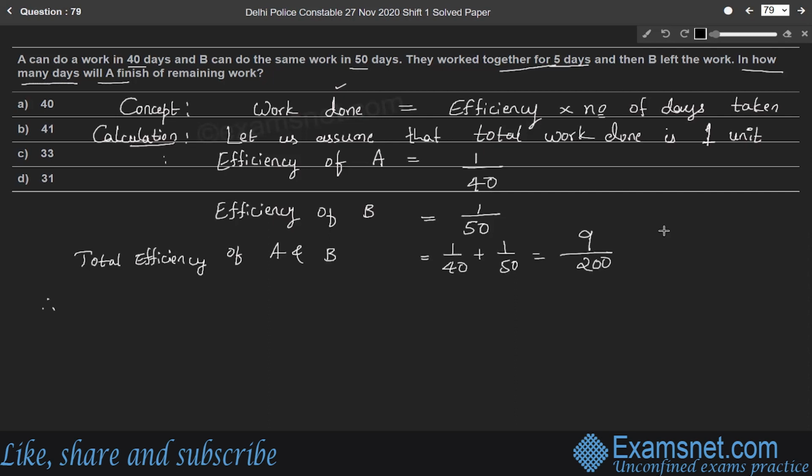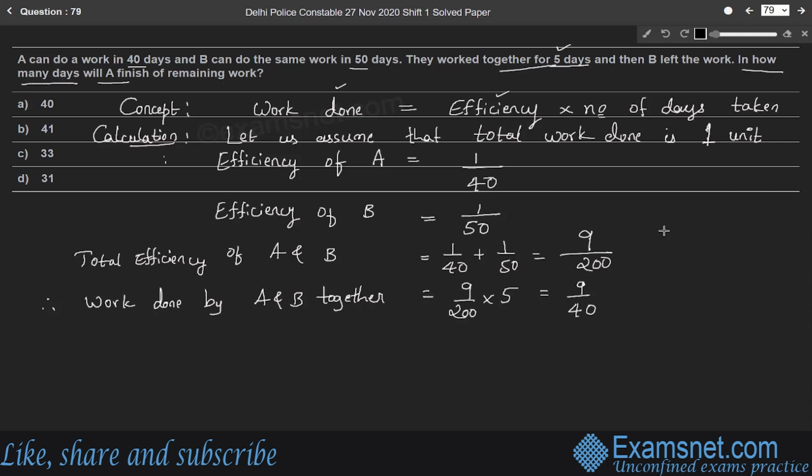Therefore, work done by A and B together. Here A and B together worked for 5 days according to the question. So work done by A and B together is equal to, according to the formula, efficiency into number of days. Efficiency is 9 by 200 into number of days is equal to 5, which is 9 by 40.